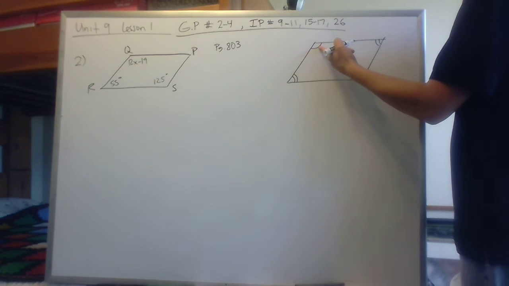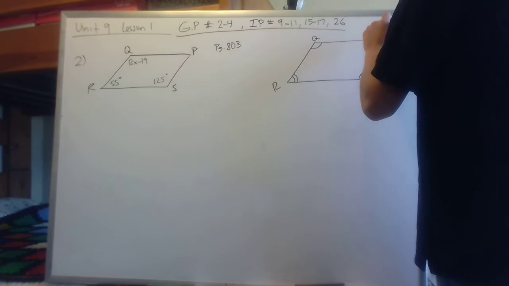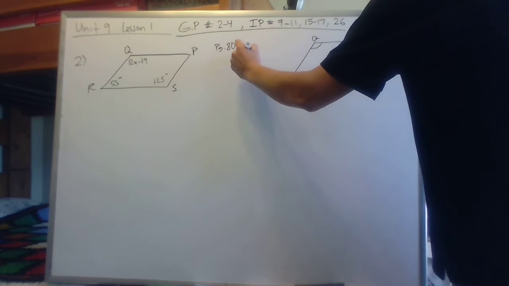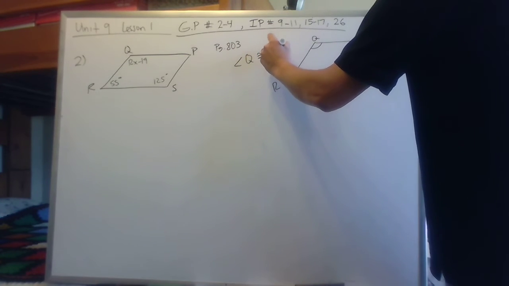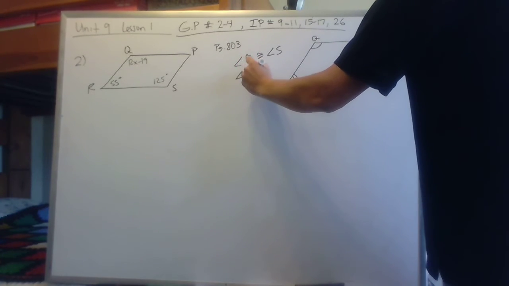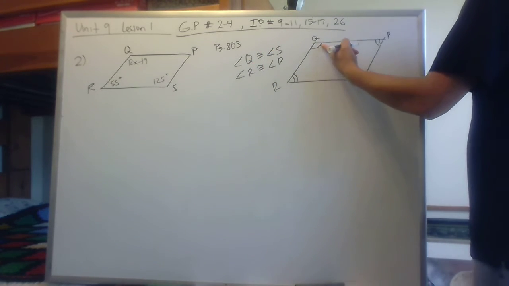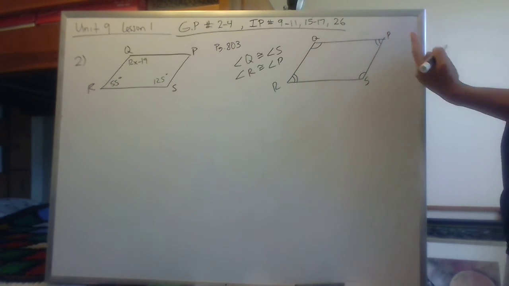So if we have R, Q, P, and S, angle Q would be congruent to angle S, and angle R would be congruent to angle P. So this means that Q and S are the same angle, and R and P are the same angle.